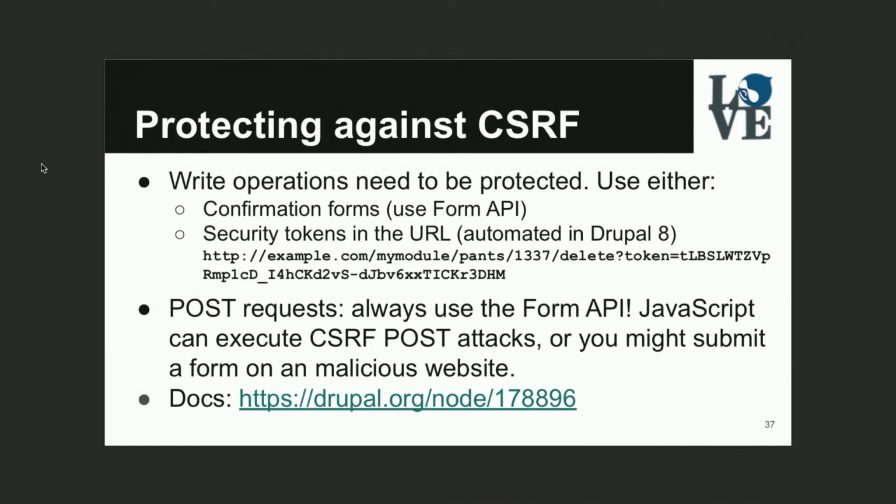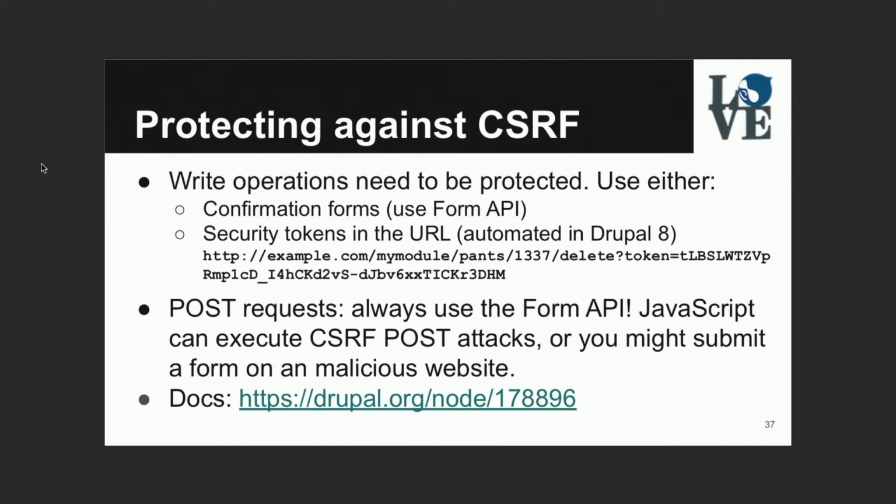So anytime you're doing a write operation in Drupal, you need protection against cross-site request forgeries. Anytime you're modifying data or deleting data, an easy way is to use the Form API in Drupal. It provides automatic protection against this. Security tokens for GET requests, like we're showing here, are actually automated in Drupal 8.